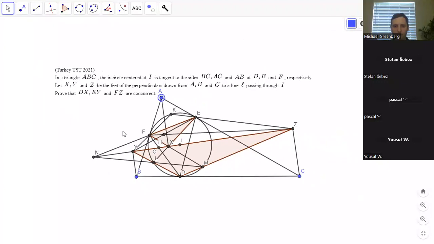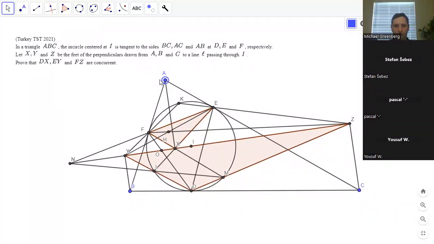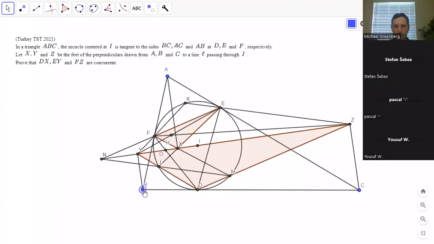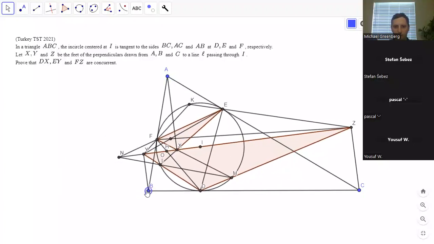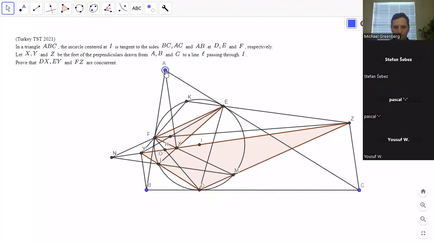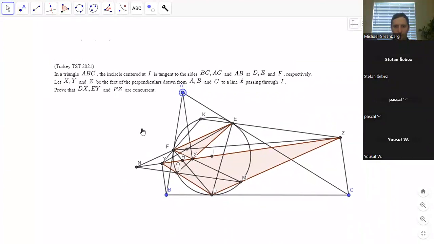Let me see if I could make more room for the solution. So shrink it just a tiny bit. I think that should be enough room for the solution.